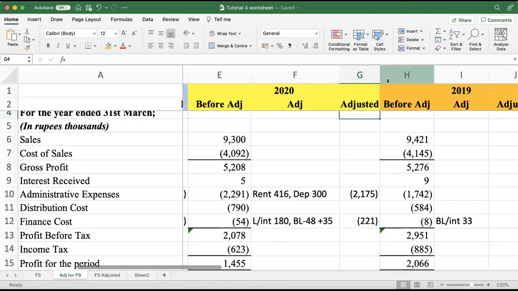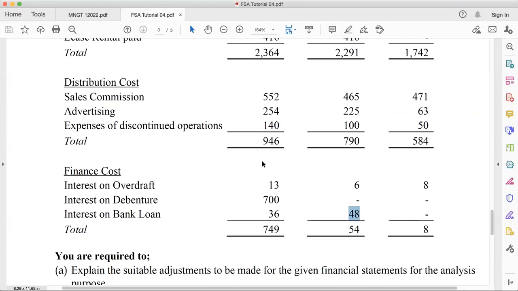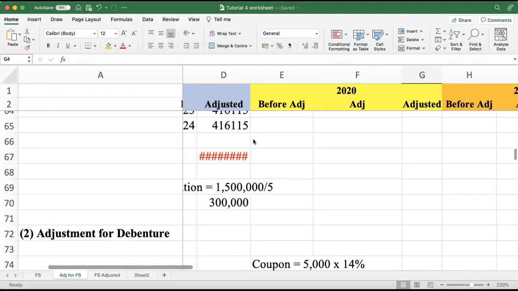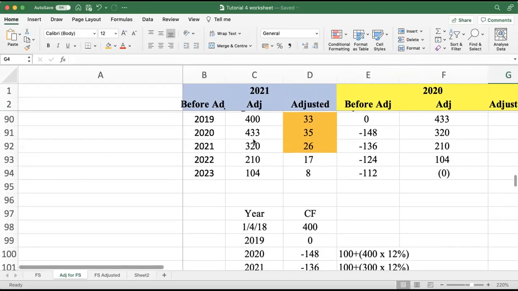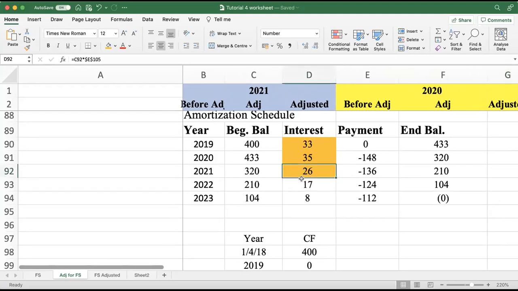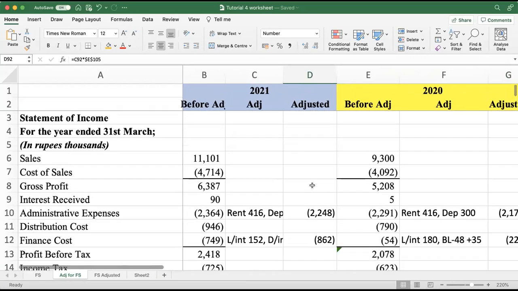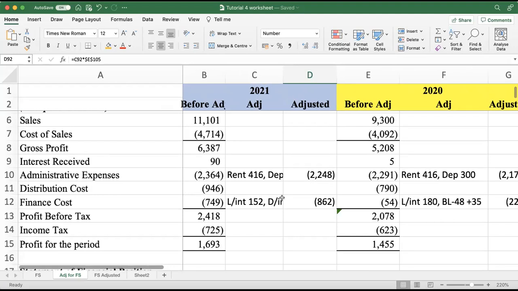So let's see 2021. You see the company charged 36. But according to your calculation, interest should be 26. So the company charged 36, but the interest amount should be 26. So you remove 36 for 2021.